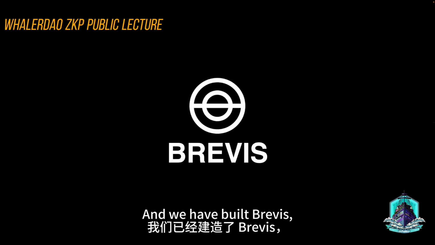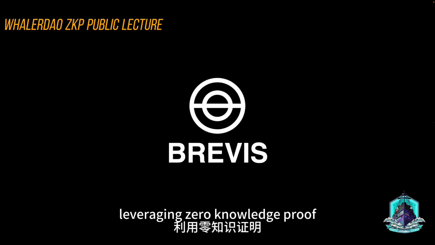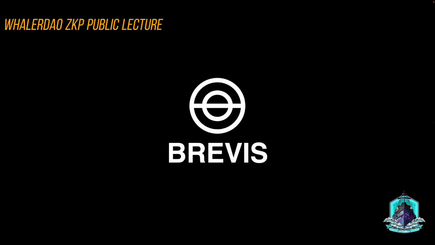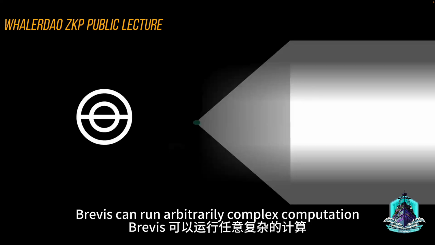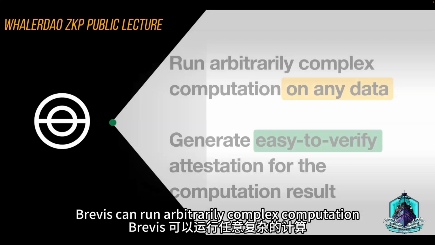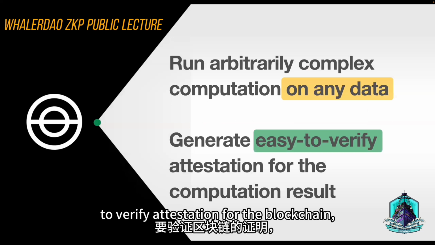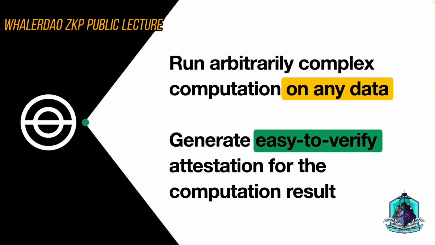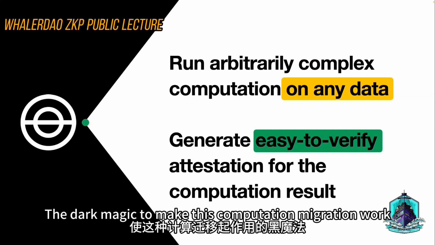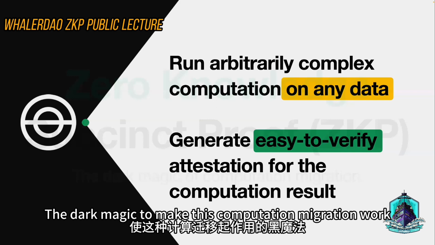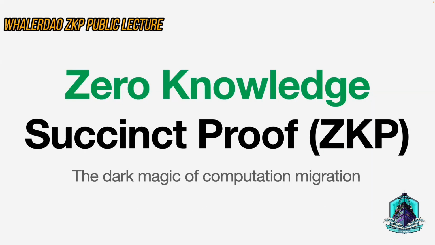And we have built Brevis, which is a blockchain coprocessor leveraging zero-knowledge proof so that it is still trust-free in nature. Brevis can run arbitrarily complex computation on any data and generate easy-to-verify attestation for the blockchain for the computation result. The dark magic to make this computation migration work is the zero-knowledge succinct proof.